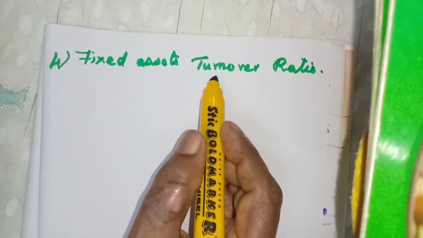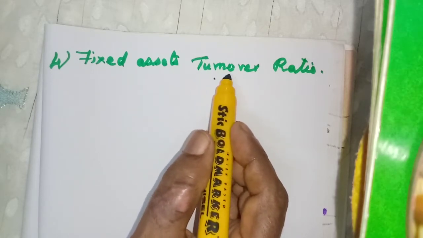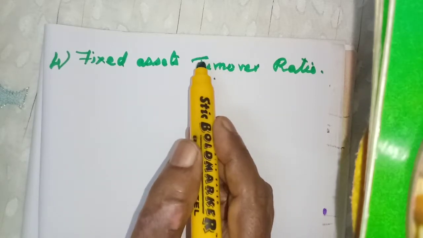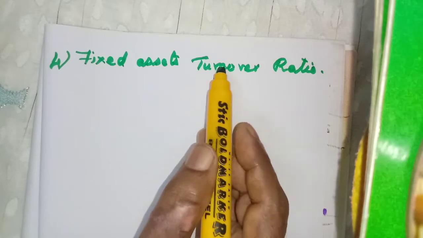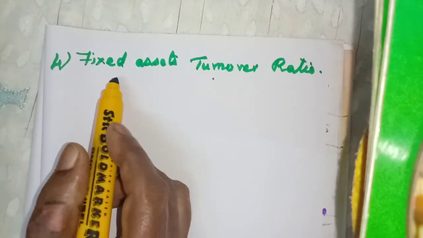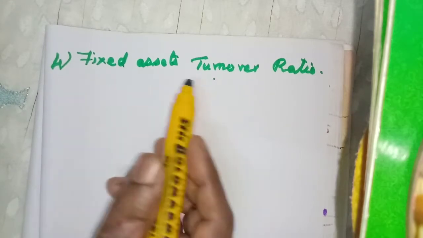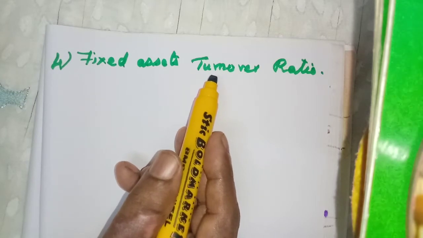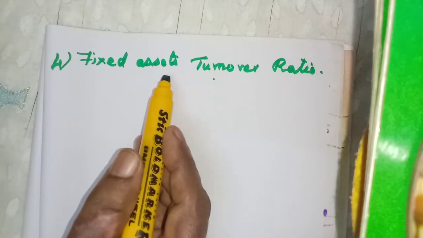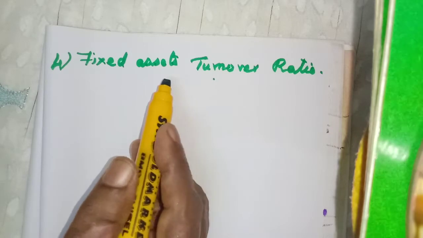Turnover means the revenue from operation, that means the sales. Many names are given: turnover, sales, and revenue from operation. All these give the meaning of sales only. So how much fixed assets are used to make the revenue from operation, to make the sales. Otherwise, how many times the fixed assets have been turned over to make the revenue from operation.